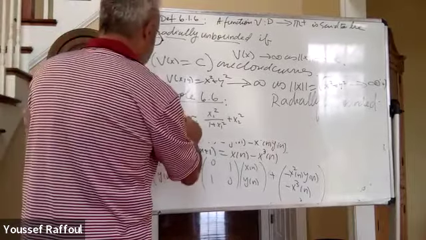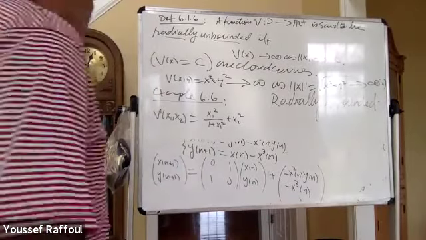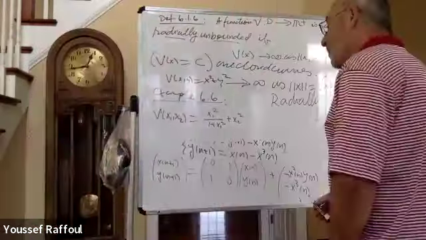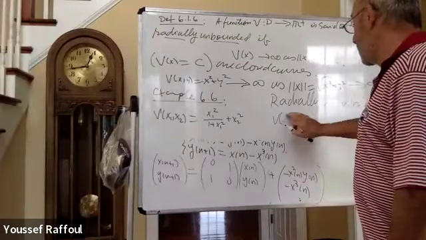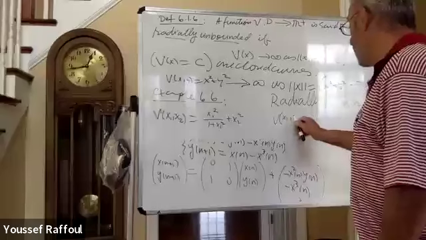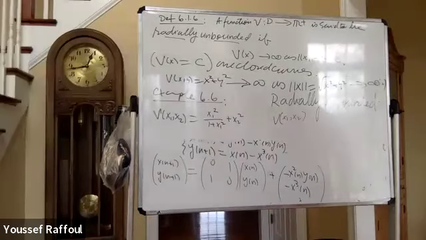We need to show this one goes to infinity as the norm of x1, x2 goes to infinity.